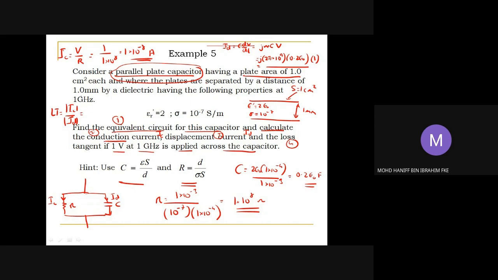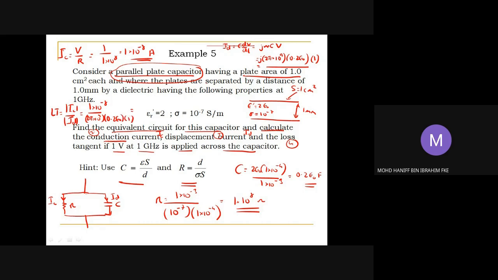IC is 1 times 10 power of negative 8 as calculated here, and we need to find the amplitude of ID, which is 2 pi times 10 power of 9, multiplied by C, which is 0.2 epsilon naught, and the voltage, which is 1.